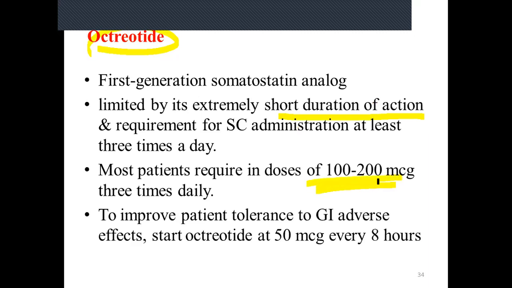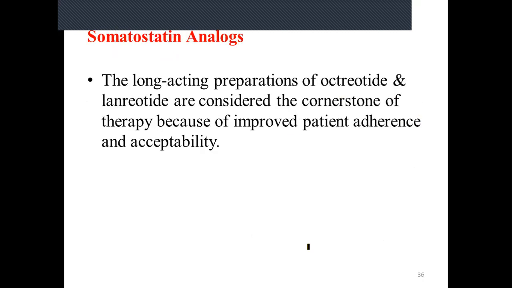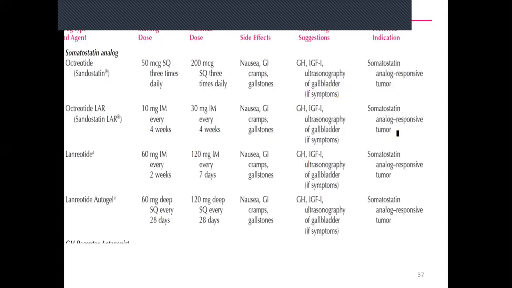Usually we start with 50 micrograms, then we titrate every 2 weeks by 50 if there is no response. Then the long-acting octreotides are the ones currently used nowadays because of improved patient adherence and acceptability, because it reduces the pill burden. So in summary, this is the kind of octreotide preparation we have in the market.